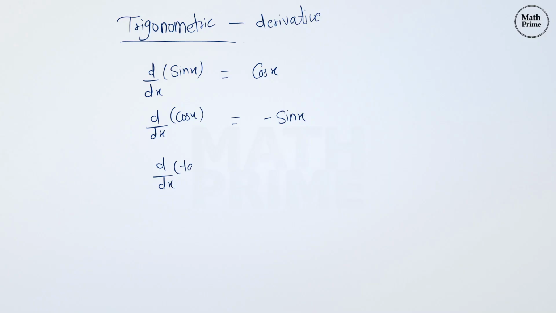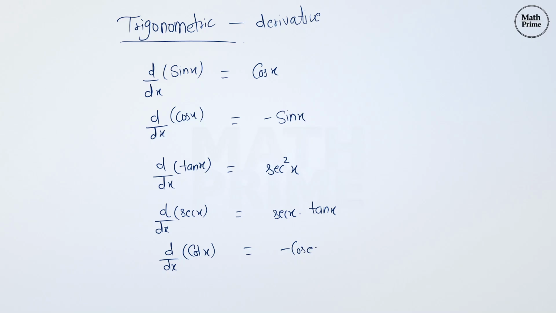Derivative of tan x is secant square x. Derivative of secant x is secant x into tan x. D by dx of cot x is minus cosecant square x. D by dx of cosecant is minus cosecant x into cot x.